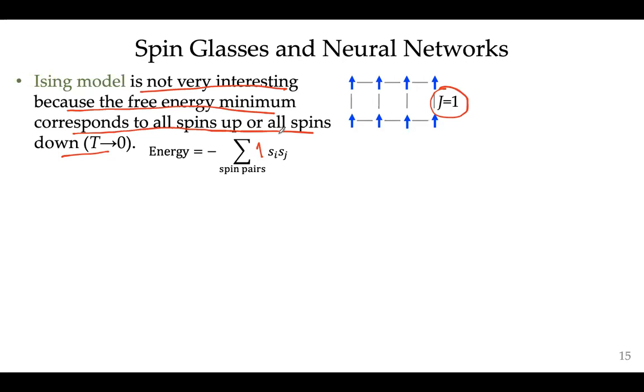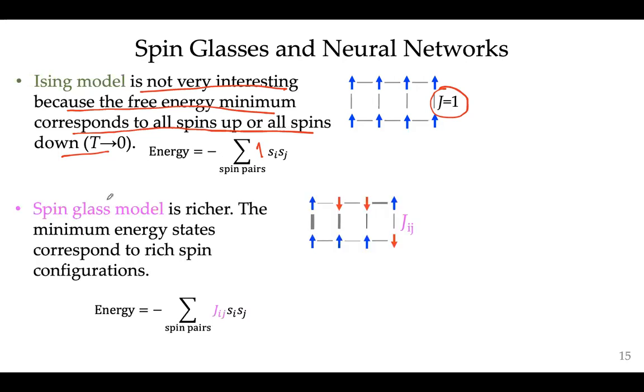But it doesn't have to be. There are other models which model certain physical systems. They're called spin glass models. They're actually richer. In spin glass models, the minimum energy states correspond to rich spin configurations. If you minimize the free energy of a spin glass model, you don't find something like this, but you find a configuration where some of the spins are up and some of them are down.